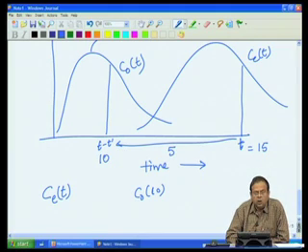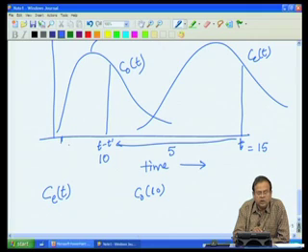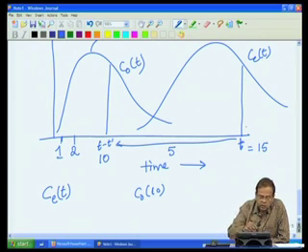or what was put in the reactor at 1 minute and stayed in the reactor for 14 minutes, or what was put at 2 minutes and stayed in the reactor for 13, or in general what was put in the reactor at time t minus t prime and has stayed in the reactor for t prime, and what is that fraction?